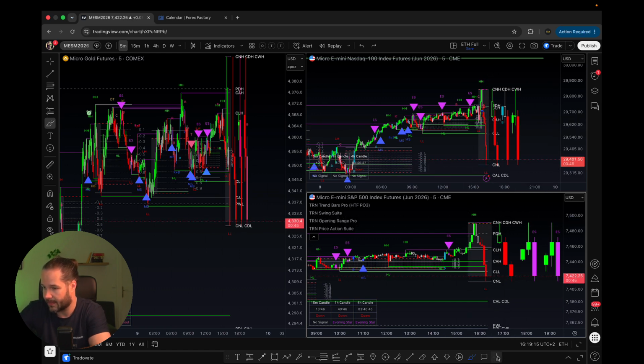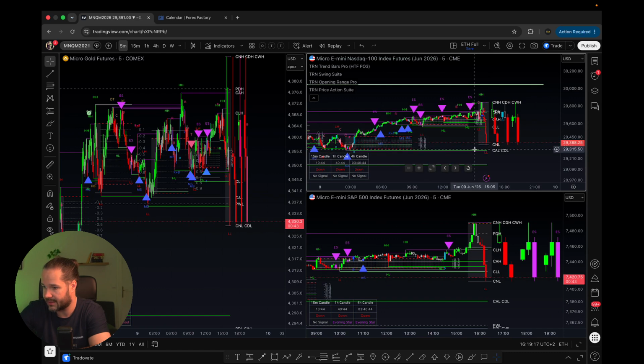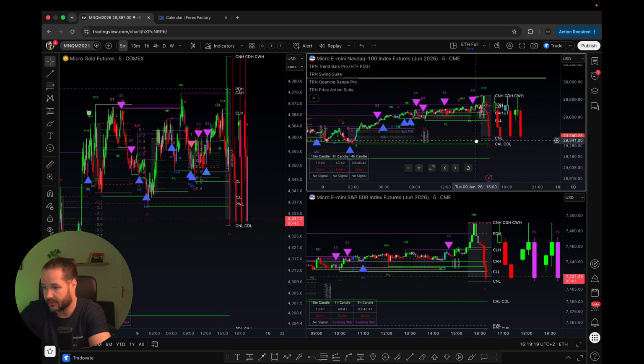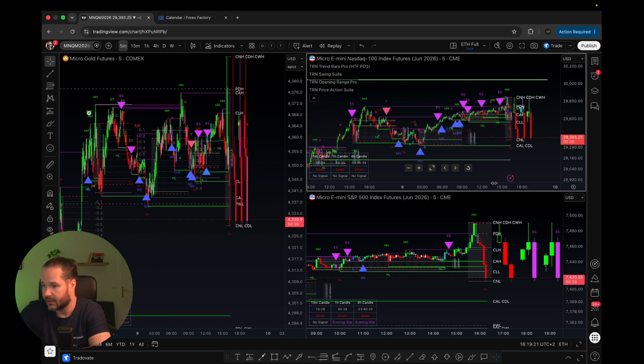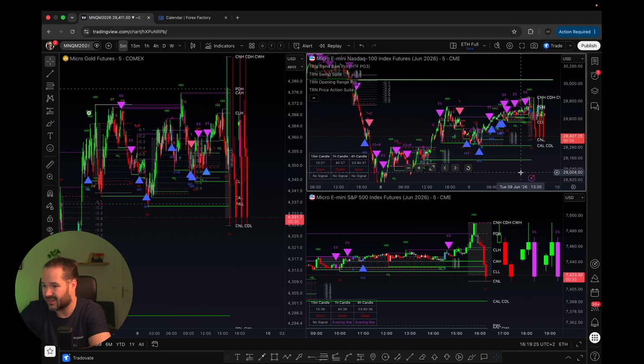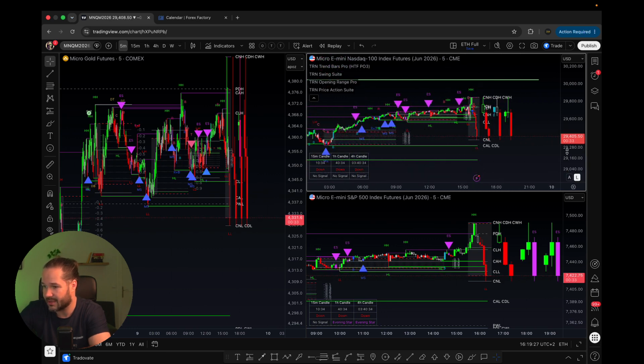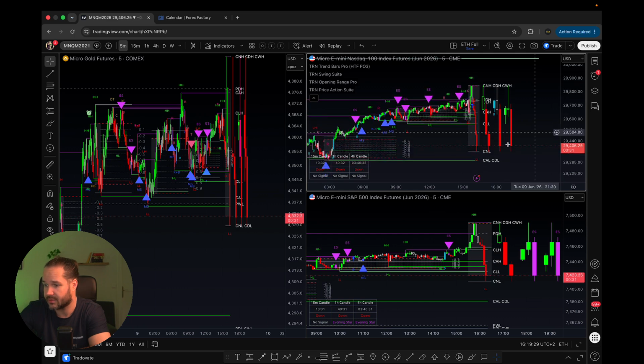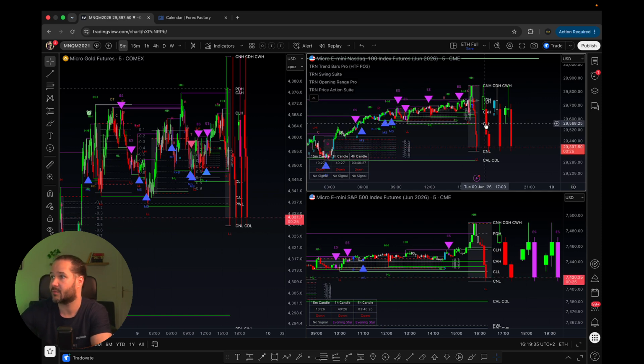NQ is on the way to the next key level where we could print a bullish reversal, and then I would be long. But it could honestly right now be the time where we start into a downtrend. We had the lower low, now a pullback, print a lower high, and then bearish again with a bearish signal.